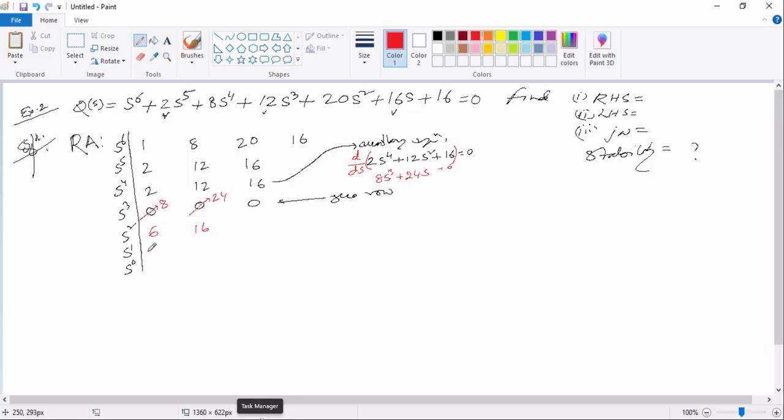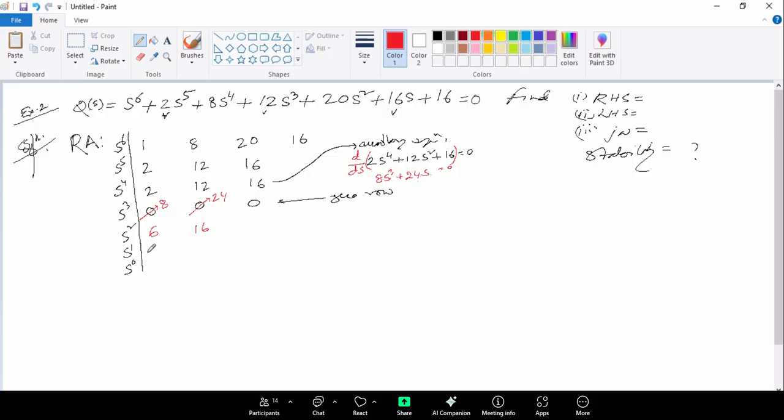Then what is the s to the 1 next one? It's 8 into 12 minus 24 into 2, divided by 8, which is 2.67.